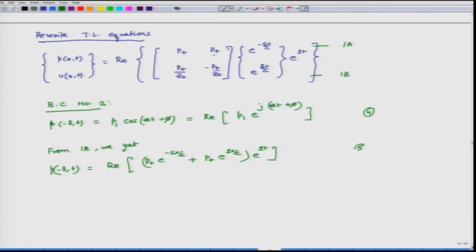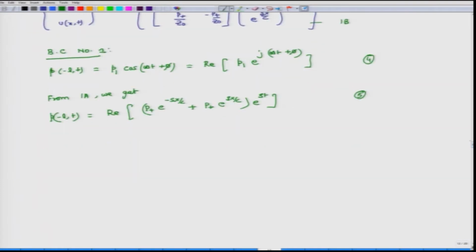So, this is 5, and equations 4 and 5 both are the expressions for pressure at minus L, x equal to minus L.